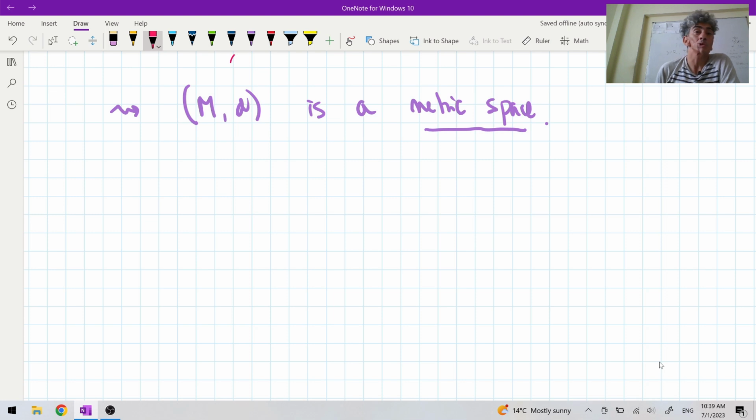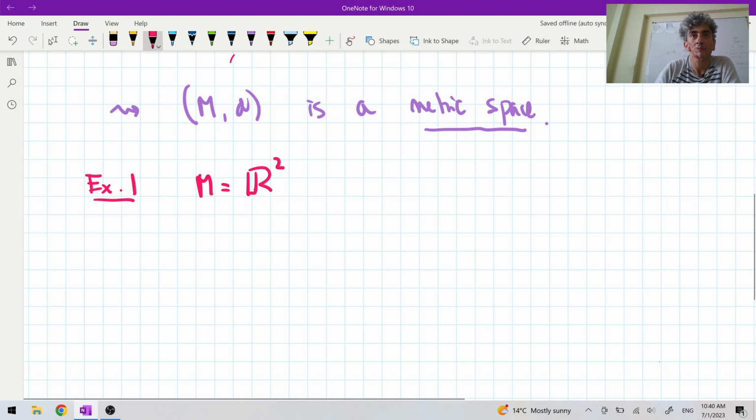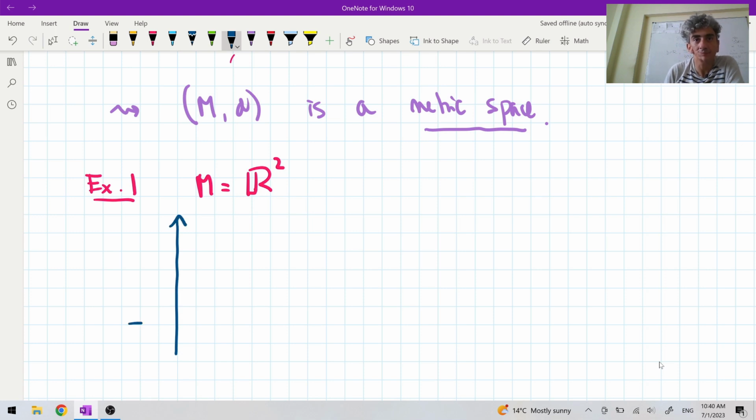So let's start with Example 1. Let's take the Euclidean plane, R2. We can draw it like this. It has an x-axis, a y-axis, and points.